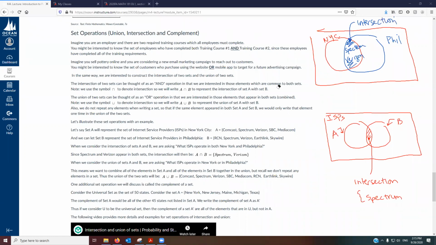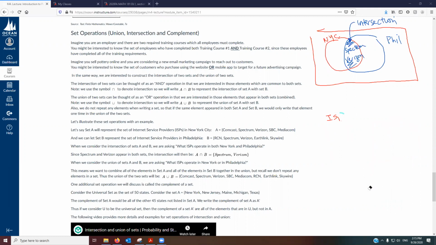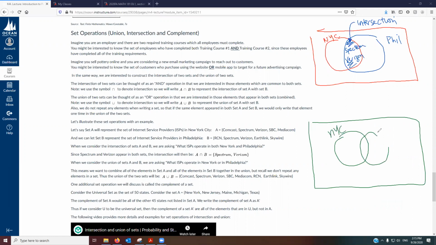All right, but what about the union? Well, if I was to draw this out with a union symbol, I guess I might as well just start over. Let me write out the union using a Venn diagram. All right, so here is my Venn diagram. Here is the New York City ISPs. Here is the Philadelphia ISPs.